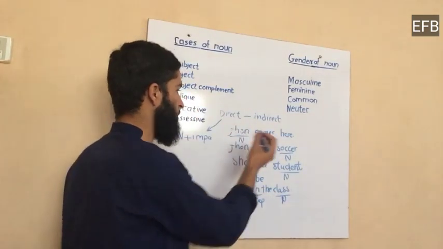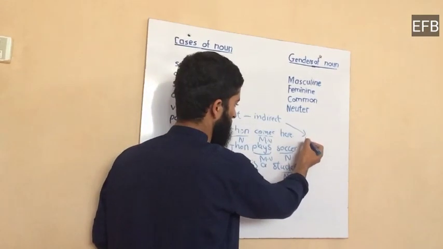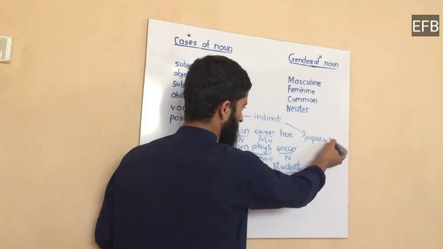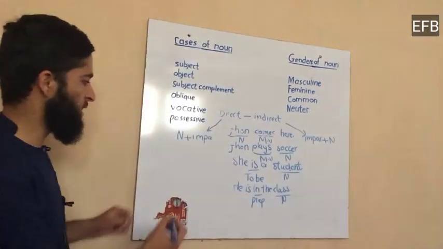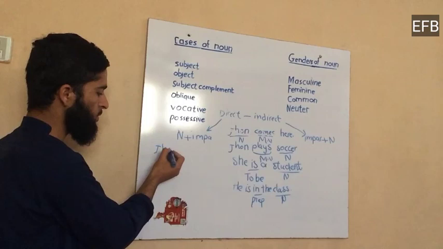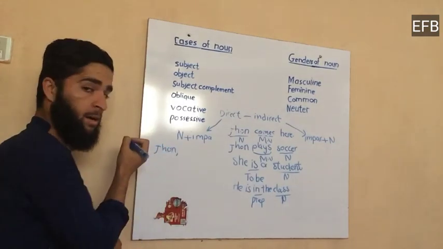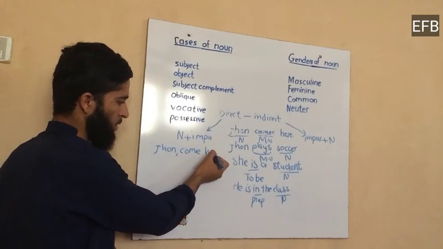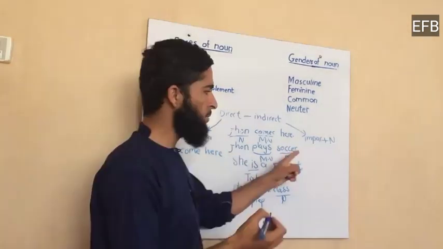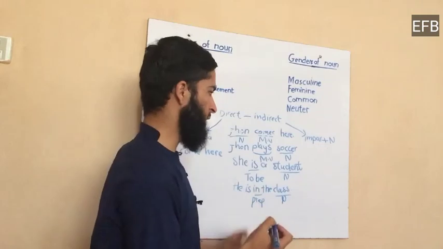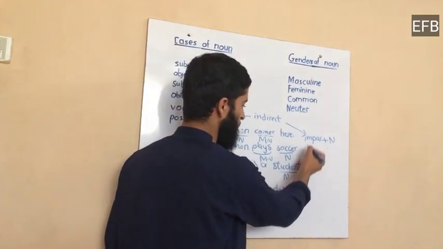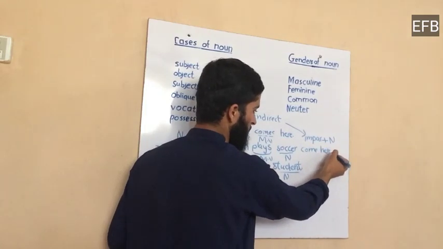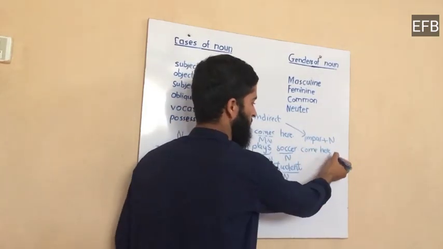But in indirect vocative case it's the opposite: imperative plus noun. For example, if I say John, you should use a comma, come here. But indirect vocative case is the opposite. First we use the imperative: come here, don't forget the comma, John.